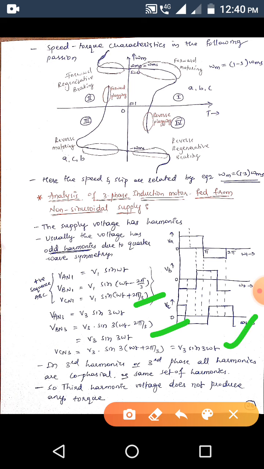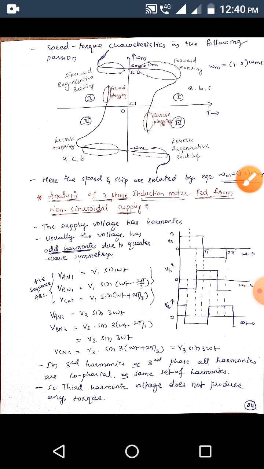Again, if you simplify this, you will get V3 sin 3 omega t. So the third harmonic voltages do not produce any torque here. All the harmonics in the three phases are of the same order, which means they are cophasial harmonics here.